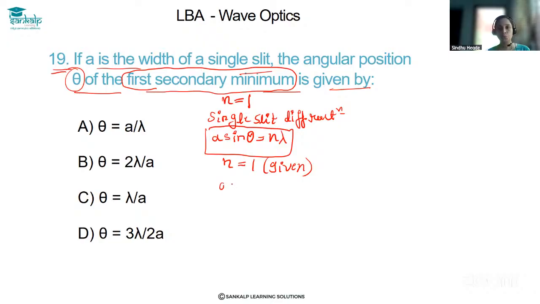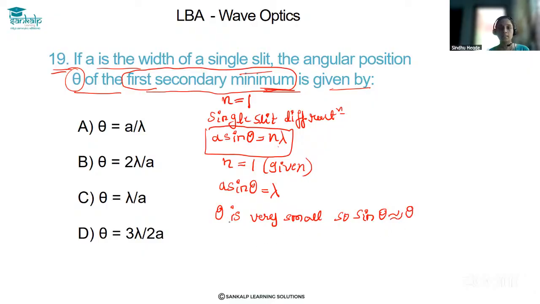Then substitute the value, A sin theta is equal to, in the place of n, 1, so it becomes lambda. Then we know that theta is very small here, because this is the minimum condition. So let us take sin theta nearly equal to theta.